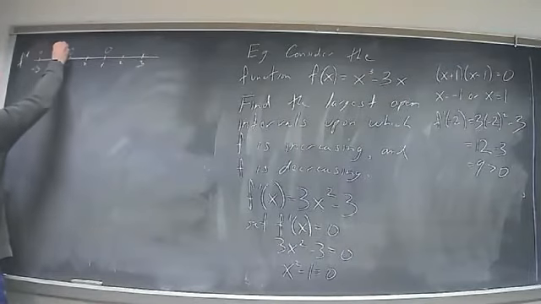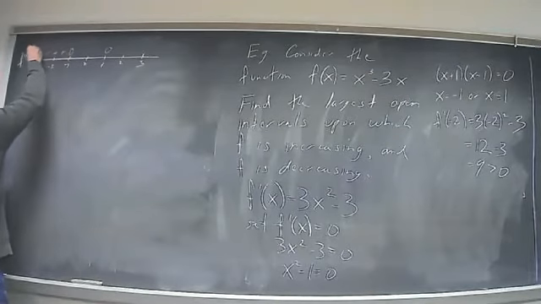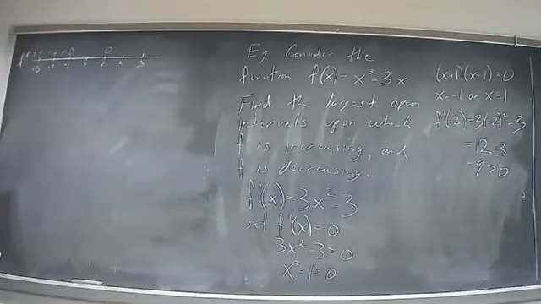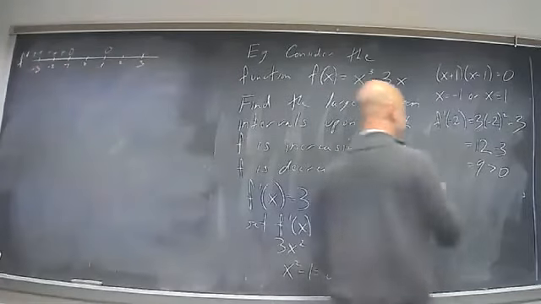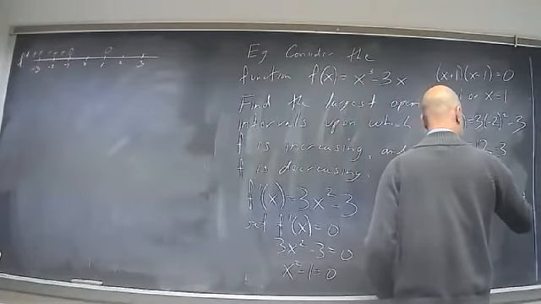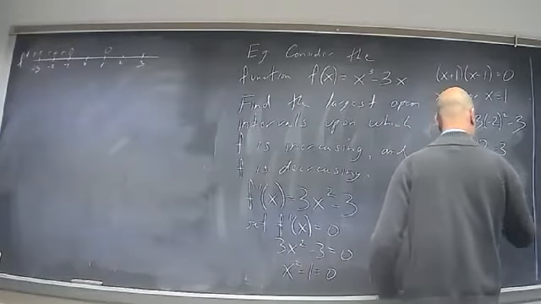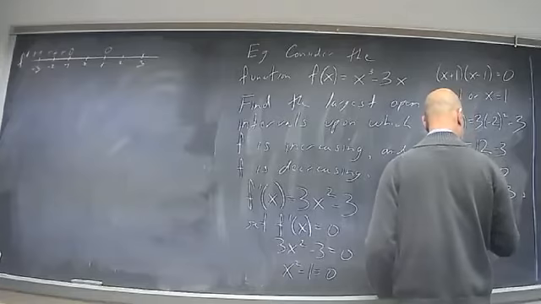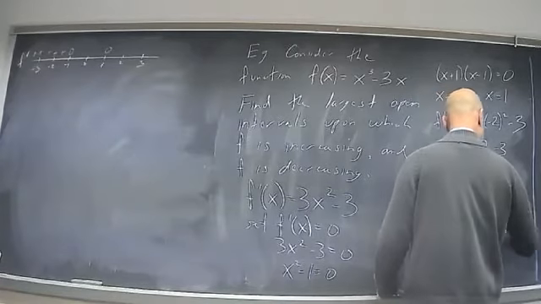So at minus 3, it's positive. At minus 1.5, it's positive. It's positive everywhere to the left of minus 1. And if I plug a point in between my two endpoints, how about 0? f prime of 0 is 3 times 0 squared minus 3. That's negative 3, of course.